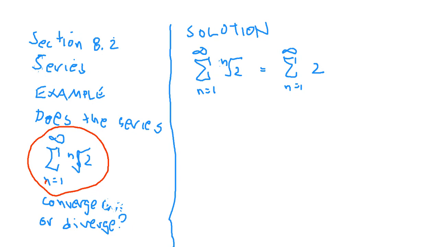Good, Jonathan. Good, Clea. 2 to the 1 over nth power. So we can write some terms out here: 2 to the first power plus 2 to the half power plus 2 to the third power plus 2 to the fourth power. We can keep going.